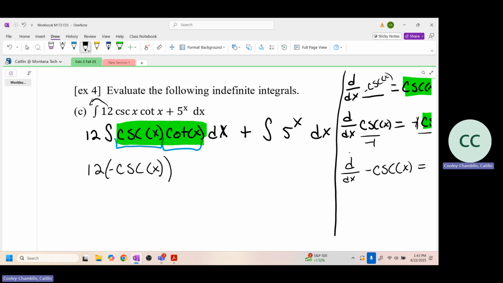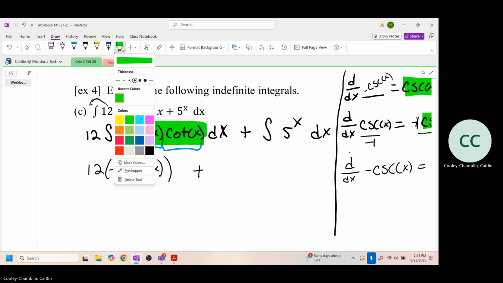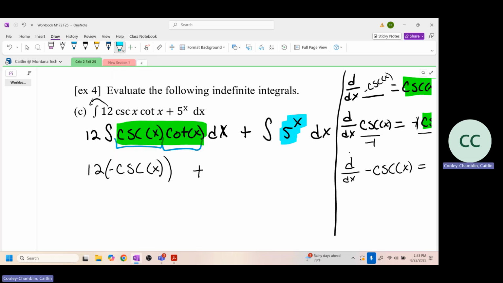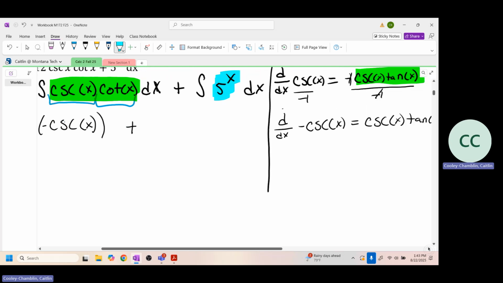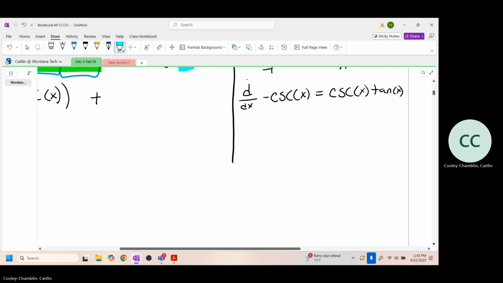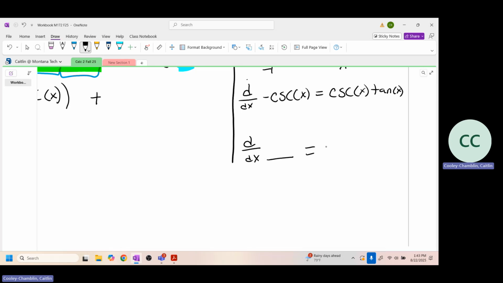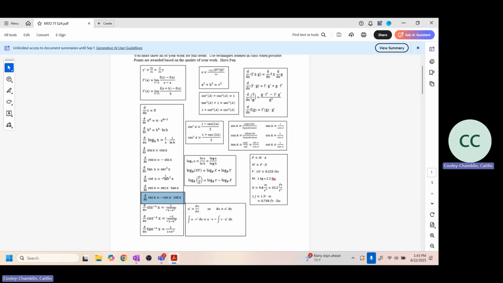And now we're going to look at that 5 to the x piece. So I'm just going to come along the side again and do more scratch work. And what I'm looking for is what derivative, or the derivative of what function gives me 5 to the x. Let's go to our handy dandy cheat sheet, looking for something that would be 5 to the x.